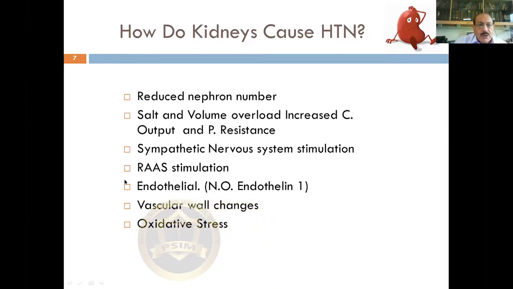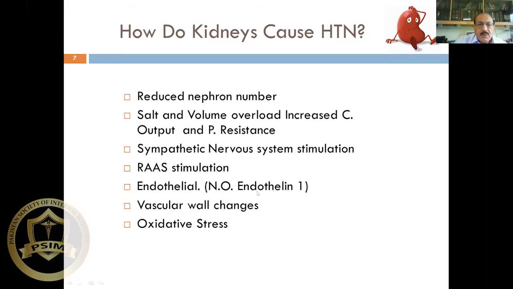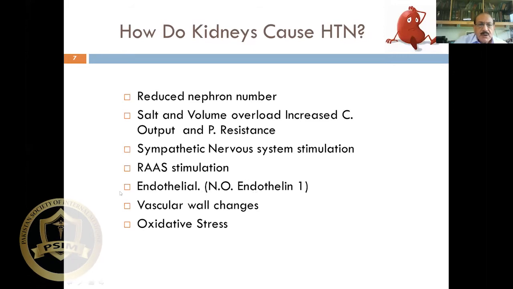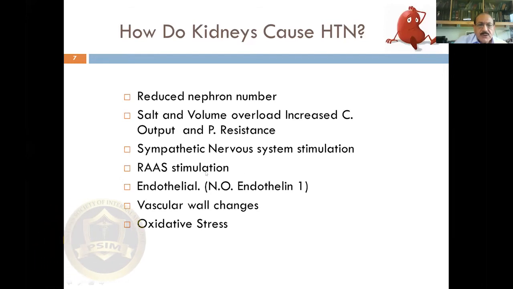or endothelial dysfunction. There are various types of endothelins, from 1 to 5, and then nitric oxide, and then an imbalance occurs. And the endothelium is a very active structure, and endothelial dysfunction is part and parcel of renal disease.